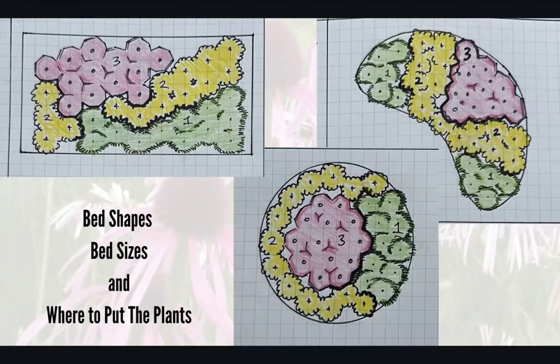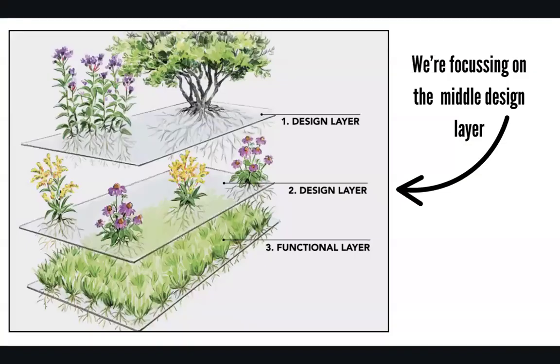and the plants that you will be planting are all in what we call the design layer. So we're going to talk about the second design layer here. This is what I call the design layer. The upper one with the taller plants, I tend to call the structural layer.